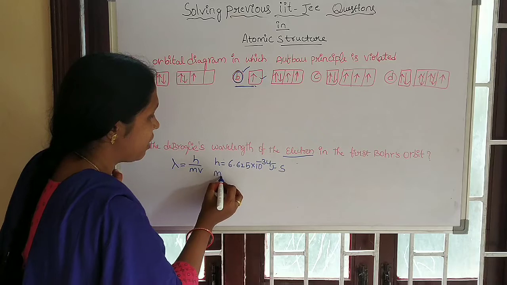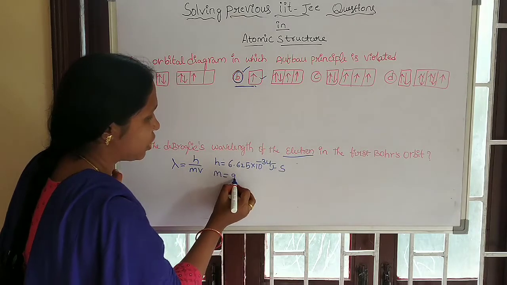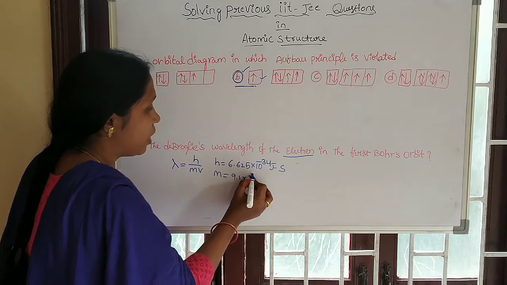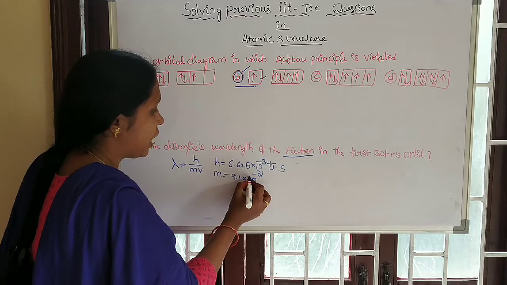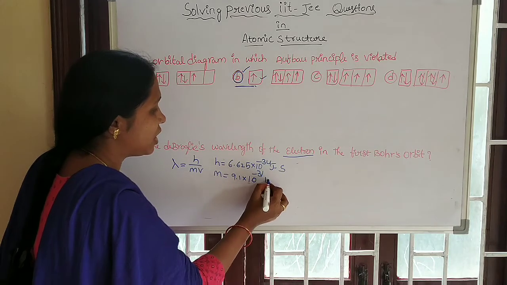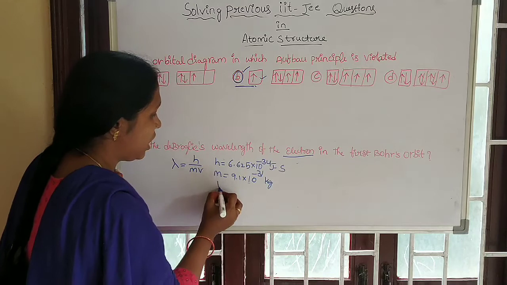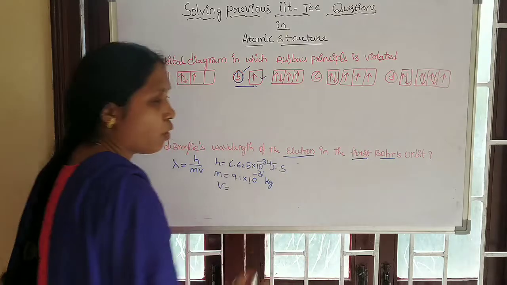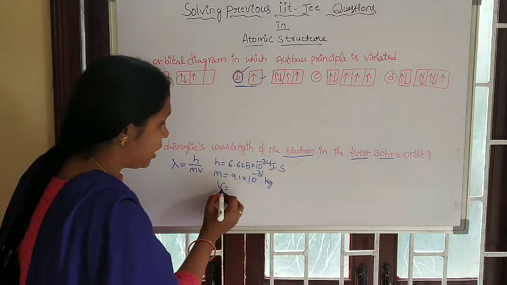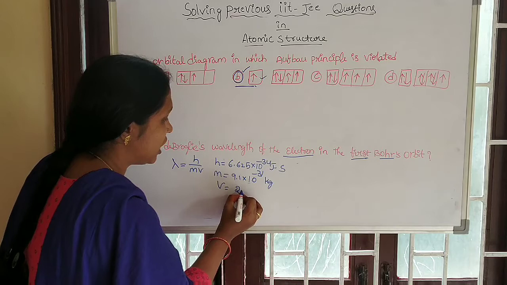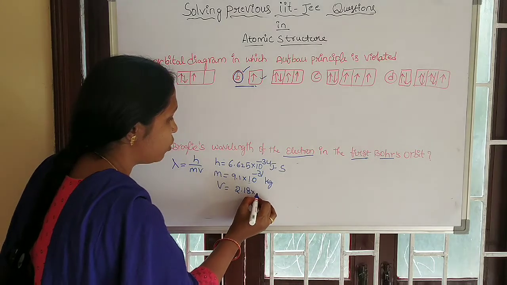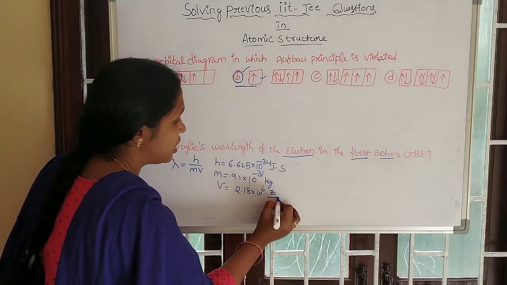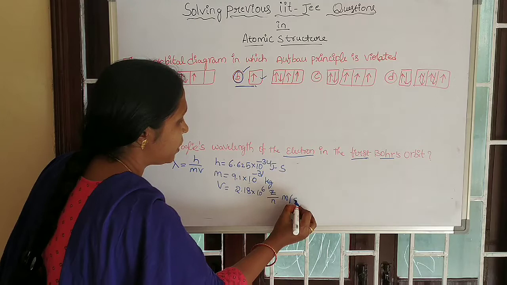And here m is the mass of the electron. What is the mass of the electron? 9.1 into 10 power minus 31 kg. And v is the velocity of the electron in the first Bohr orbit. The formula for velocity is 2.18 into 10 power 6 into Z by n meter per second.